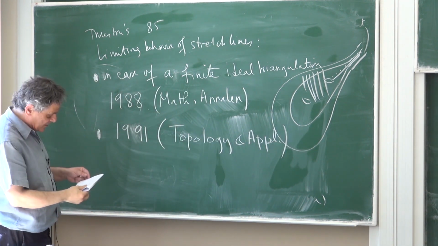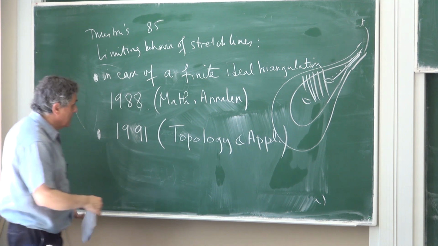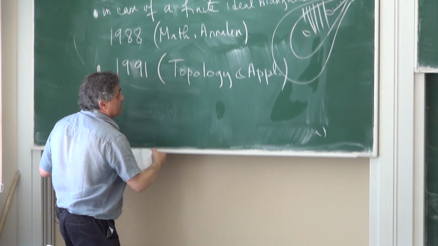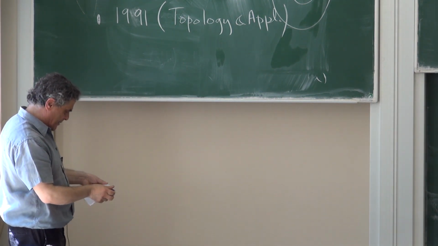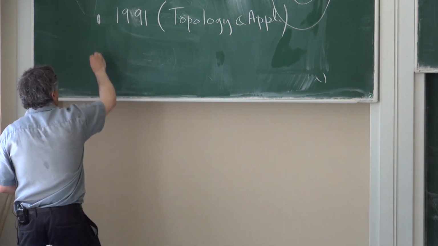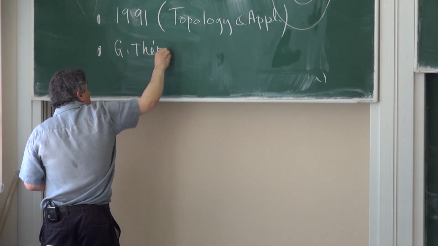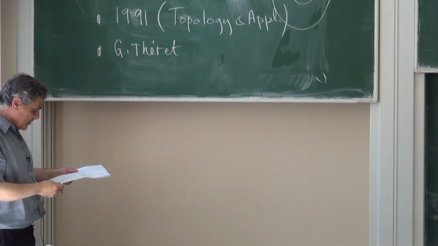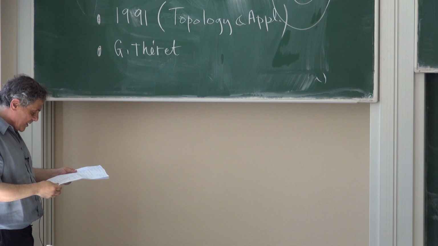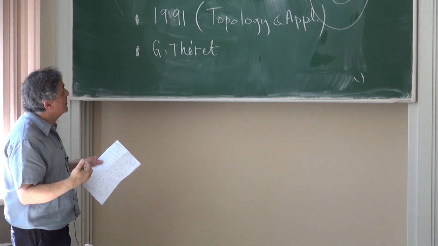And then there's a series of 3 papers which I want to point out. These are papers by Guillaume Terret, who was one of my students, and I want just to copy the names of the papers because they are significant.